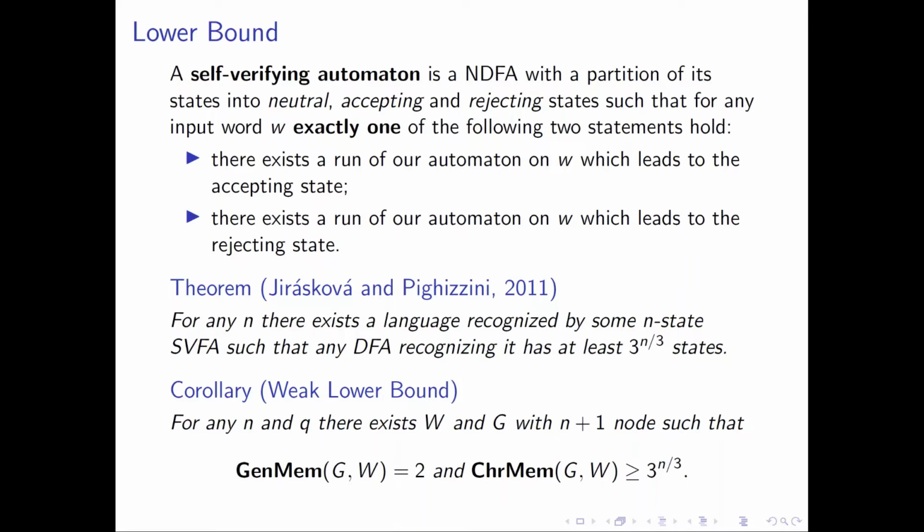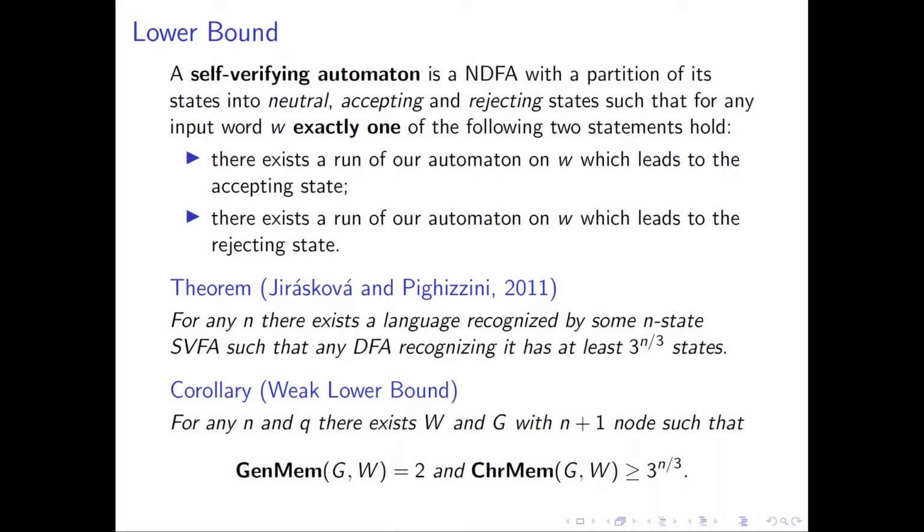Because for words that are accepted by non-deterministic finite automata, the only requirement is that there exists some accepting run. But there may be as well some rejecting runs on these words.